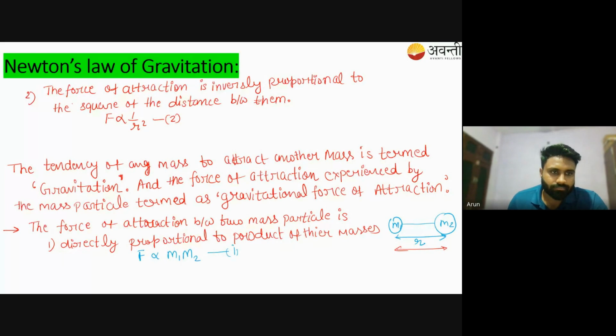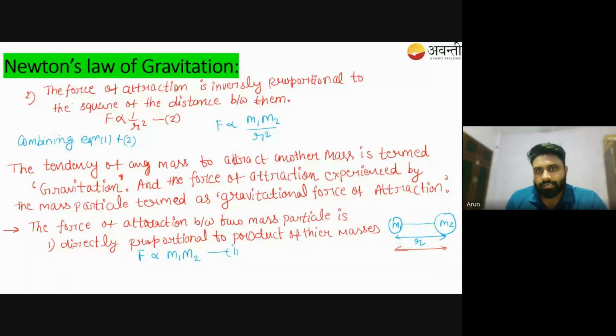By combining equation 1 and 2, what you will get? F is directly proportional to m1 m2 by r square. If you remove this proportionality sign, it will be removed with the help of a constant, which is F equals capital G m1 m2 by r square. Got it?